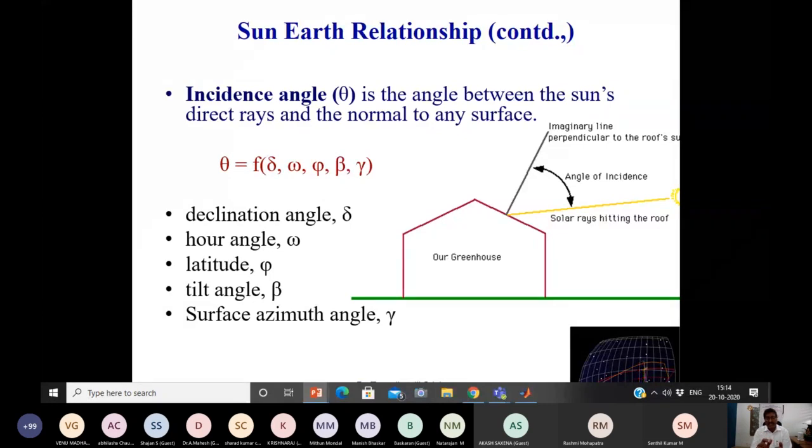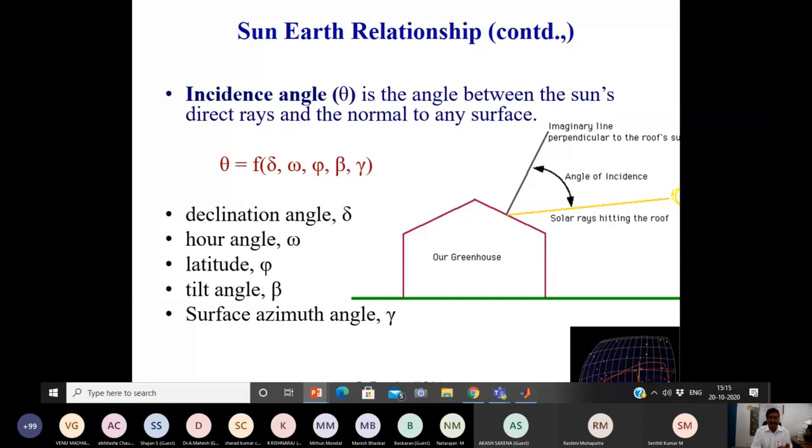This angle is defined between the equatorial plane and the straight line joining the center of the earth and the center of the sun. So this declination angle is defined with reference to the date. First we have to define on what date we are going to find this incidence angle. Once the date is defined, that date gives the declination angle.